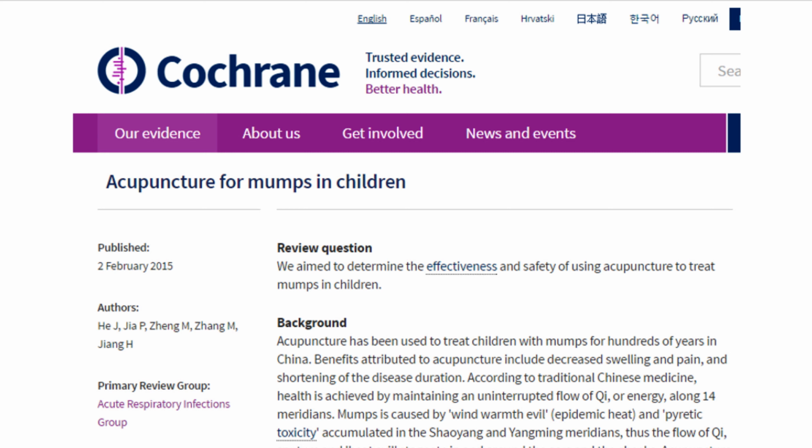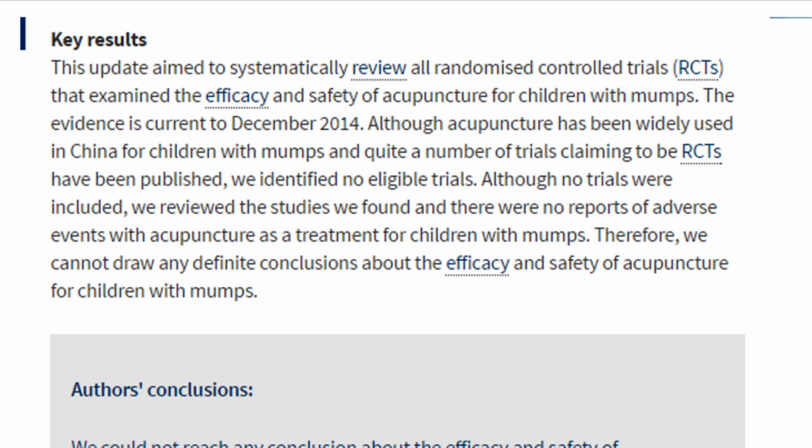In this one, you can see it's a review of the research on acupuncture for mumps in children. And like I said, it's written like a traditional literature review. You get a background section there explaining that this is very common in traditional Chinese medicine. Their methods, they described exactly what they would accept as evidence.